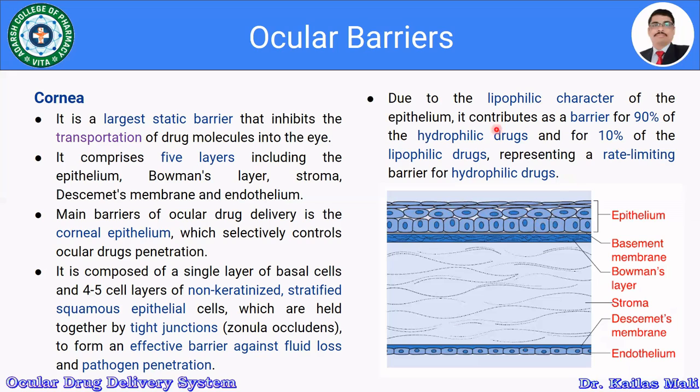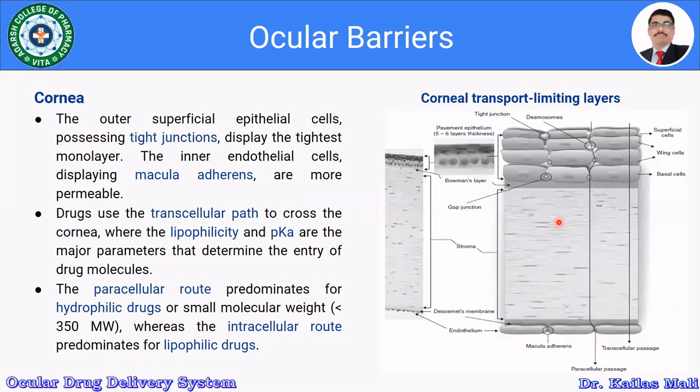Due to the lipophilic character of the epithelium, it acts as a barrier for 90% of hydrophilic drug and 10% of lipophilic drug. The epithelial barrier gives easier entry to lipophilic drugs than hydrophilic drugs. So the corneal epithelium acts as the rate limiting barrier for hydrophilic drugs.